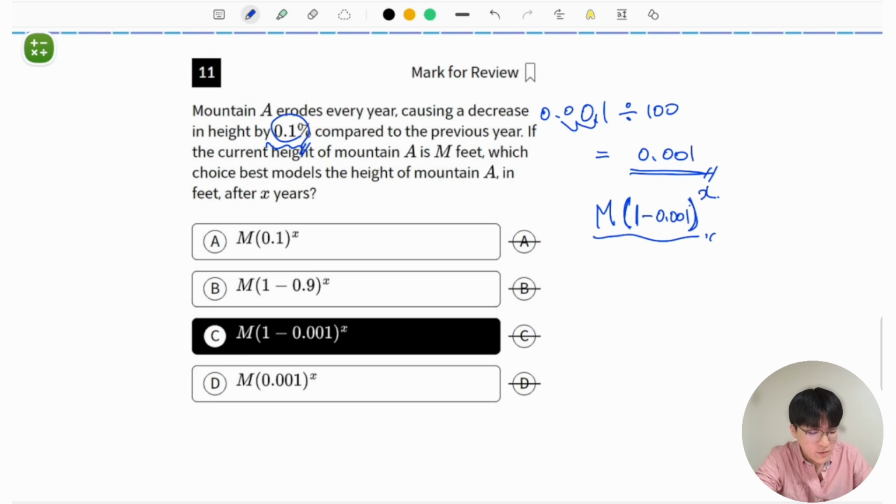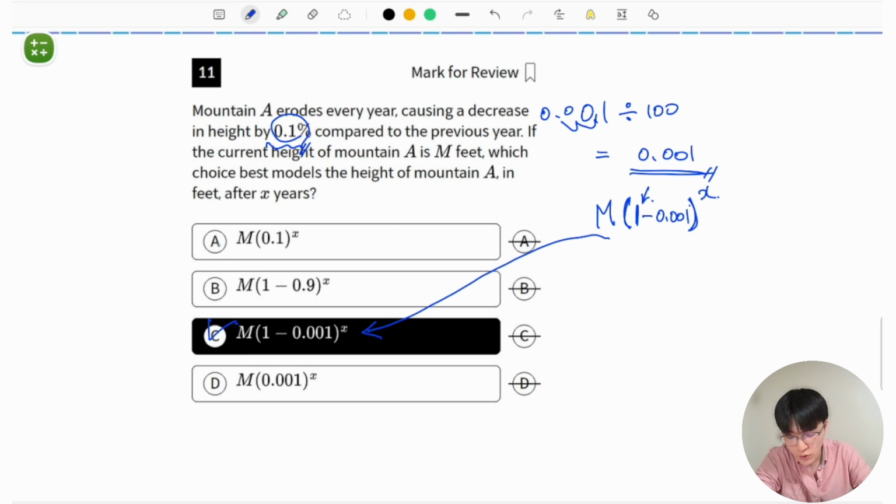Now, we have to put the 1 here because we want to first retain the height of the mountain and then take it away from here. It's like a discount. Okay, so we just want to make sure that that 1 is here, and therefore we will get answer choice C.